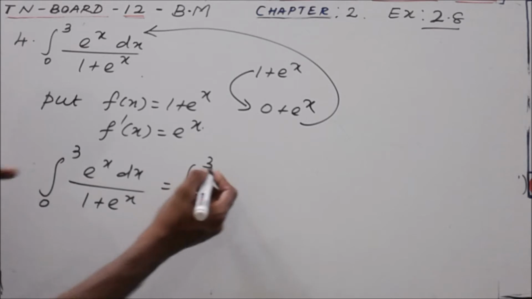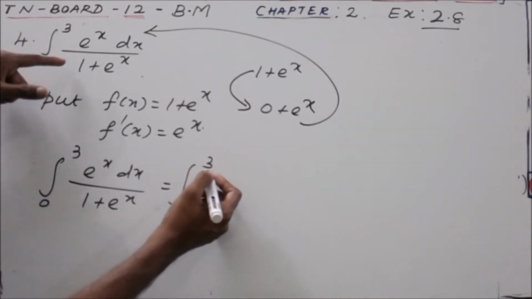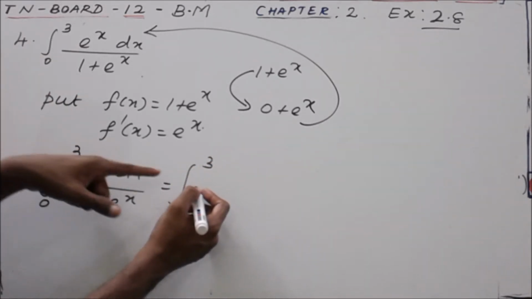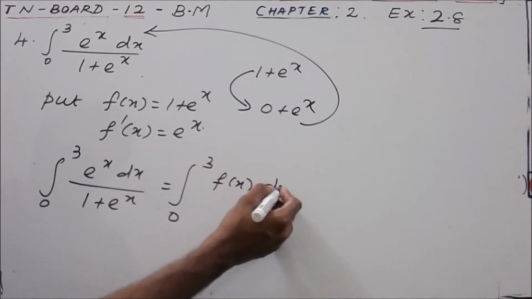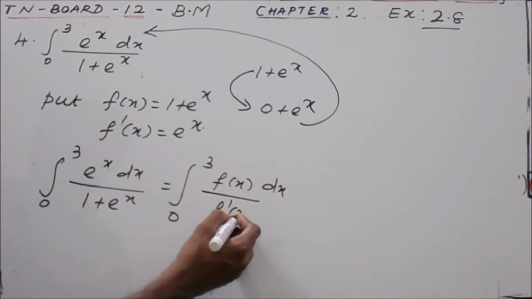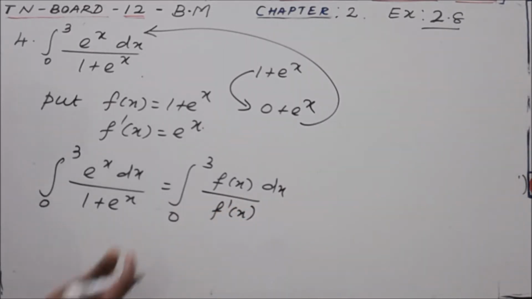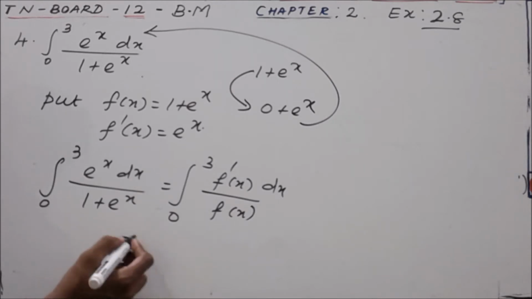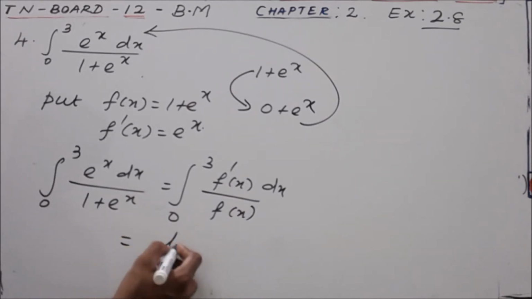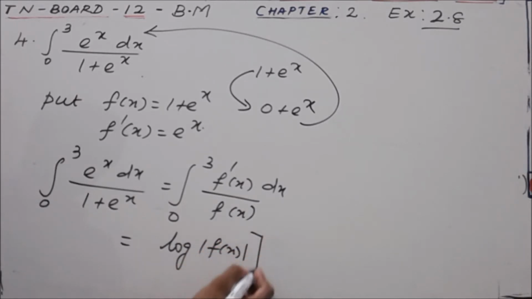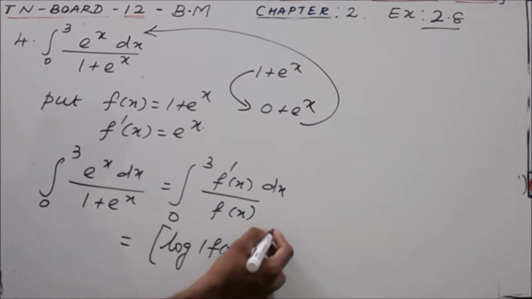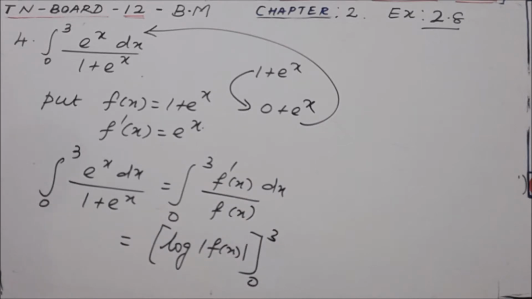Now here 0 to 3, this is in the form of f dash of x dx by f of x, which is equal to log of modulus of f of x, limit 0 to 3.